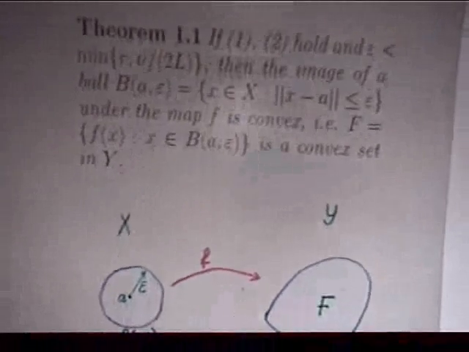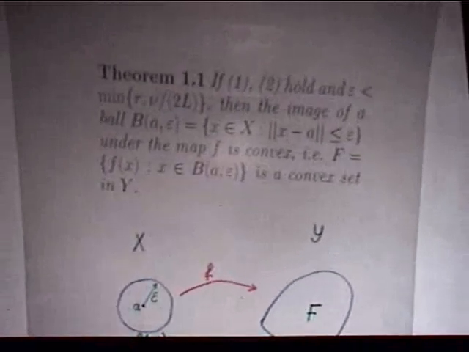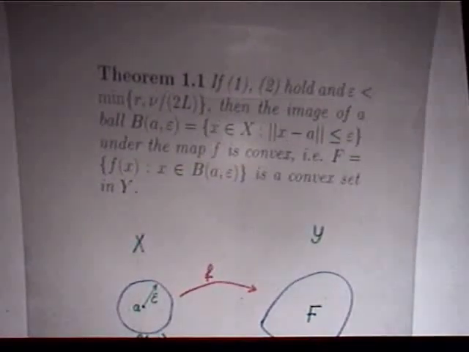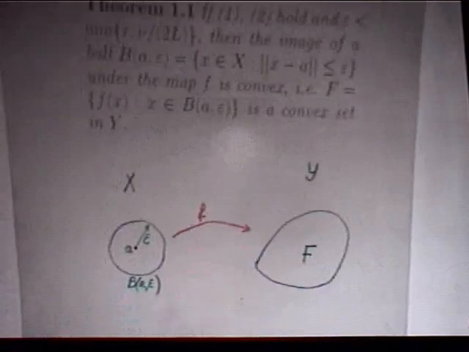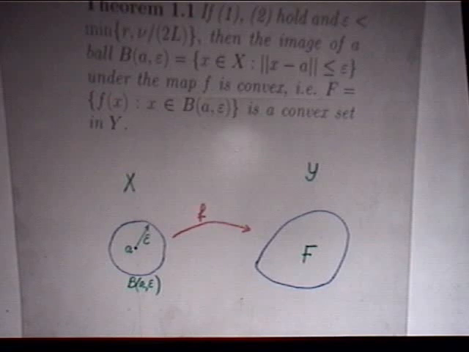That is, the set of all points which are images of points in this ball is a convex set. So we have our ball of the radius epsilon. We have this nonlinear map, and we have this image F capital.